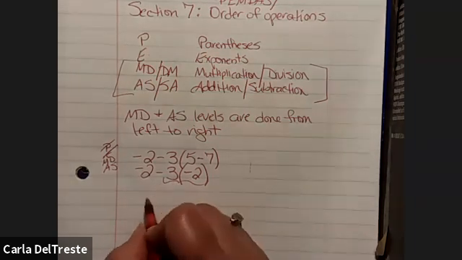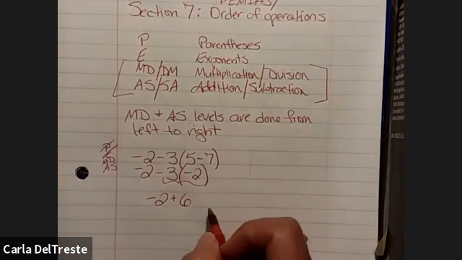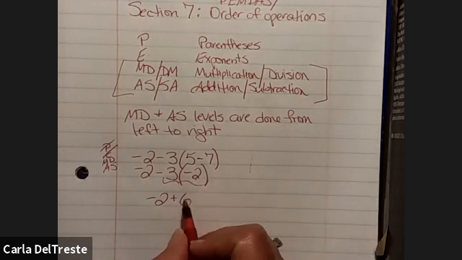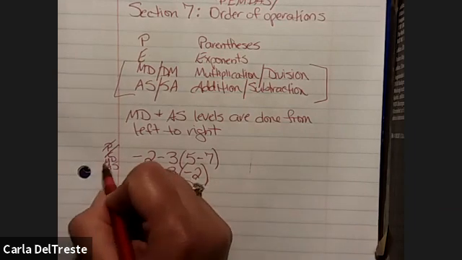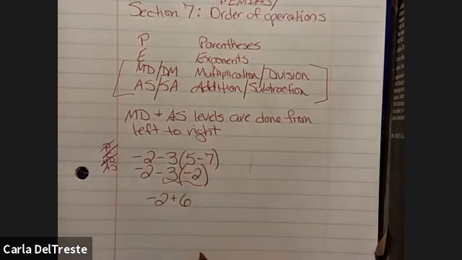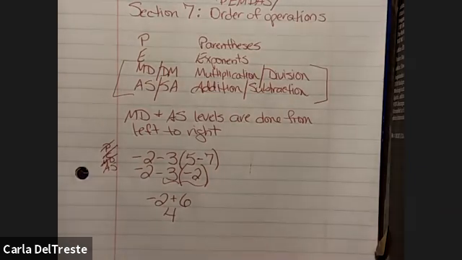This depends on your comfort level with the signs, okay? But a negative times a negative should come out to be a positive. Okay, there's my multiplication. There is no division, so I'm done there. And now I have my last step of addition. So -2 plus 6 is a +4.